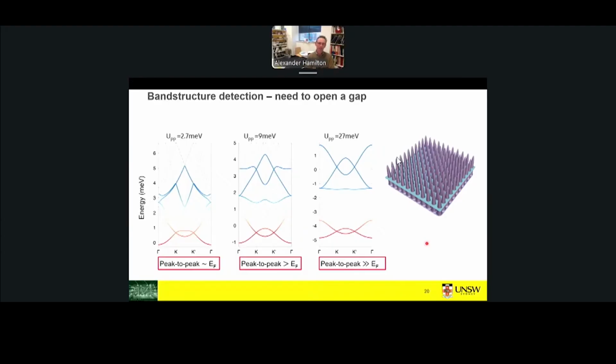So whatever's happening with U and T, they should be larger than your accessible temperature, and they should be larger than your disorder. They should be the relevant energy scales. Ideally, you want to make sure that both U and T are larger than 0.1 millielectron volt. They should be bigger than about 1 Kelvin. Otherwise, disorder and finite temperature effects will kill everything, and you won't see anything.